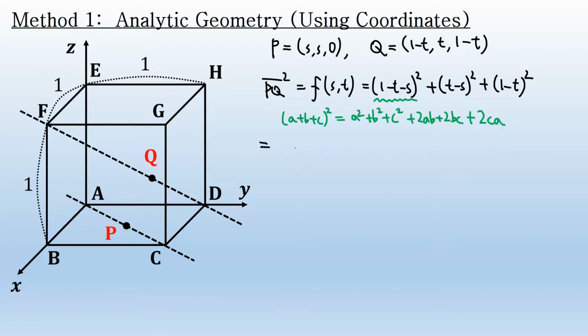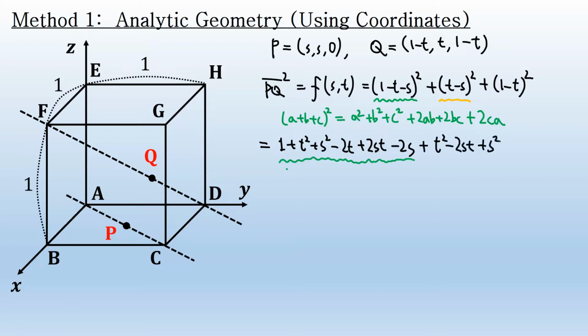So for that part, we have 1 + t^2 + s^2 - 2t + 2st - 2s. And for this part, we have t^2 - 2st + s^2. And for this part, we have 1 - 2t + t^2.